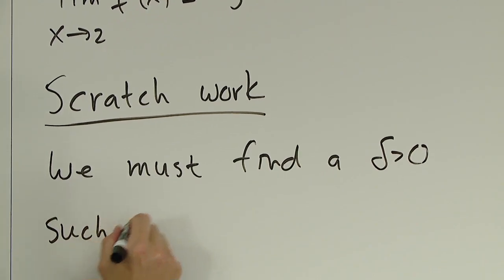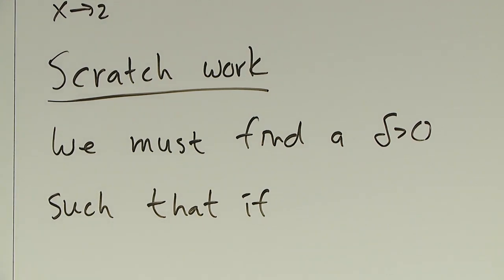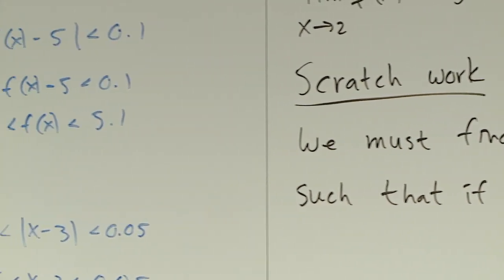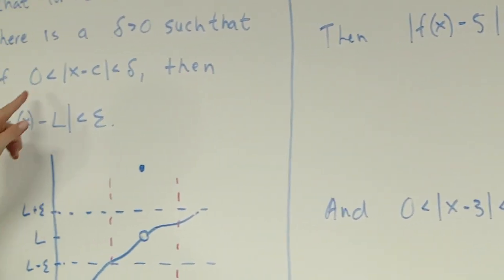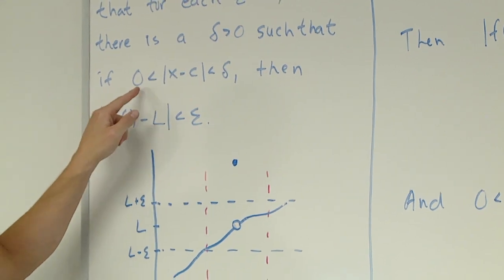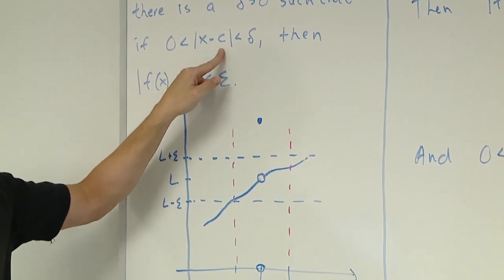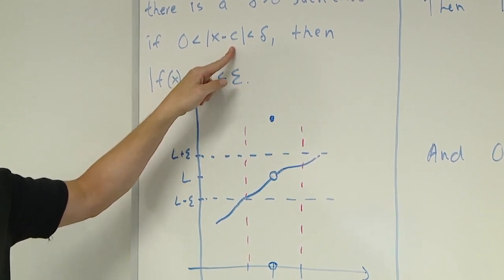Such that, if, so let's go back to our definition. This is all on the handout on page 3. You don't have to write down all these things. We have to find a delta greater than 0 such that if 0 is less than the absolute value of x minus what for us now? What are we using for c in this problem? 2.